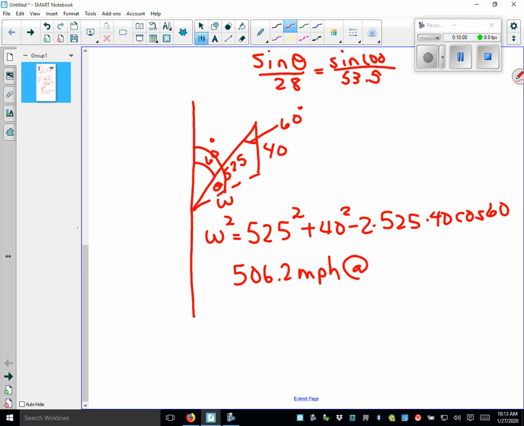Now, how do I find this angle? Sine theta over 40 equals sine 60 over 506.2, right? Yeah. You agree with that?